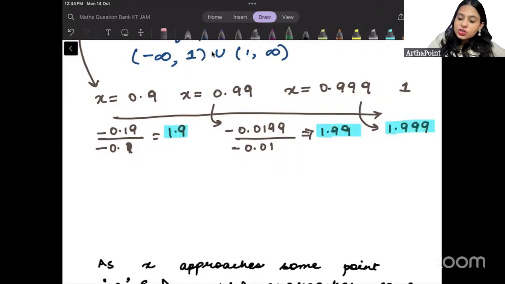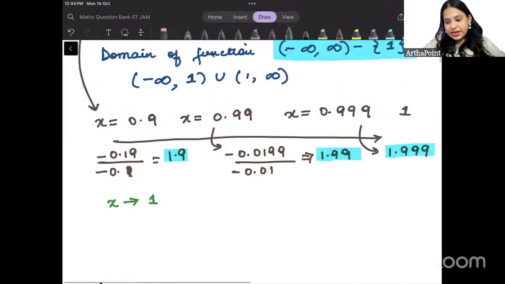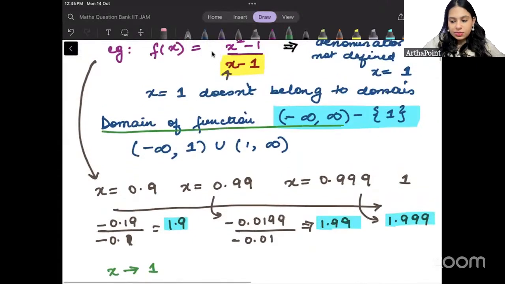So as the value of x is going close enough to 1, I am not putting 1 here. I understand 1 is not part of the domain of the function. But I am approaching 1 by taking values closer to 1 but lesser than 1.